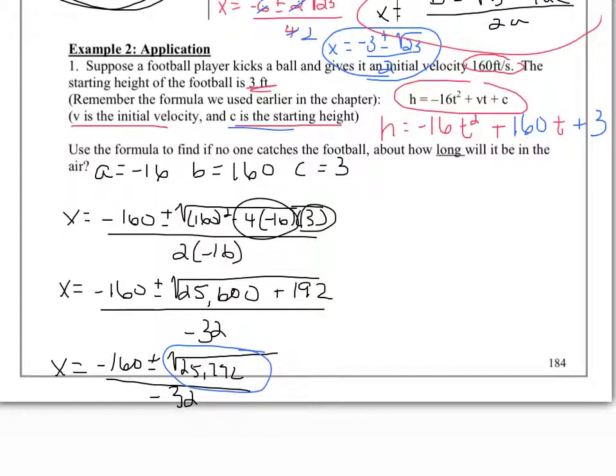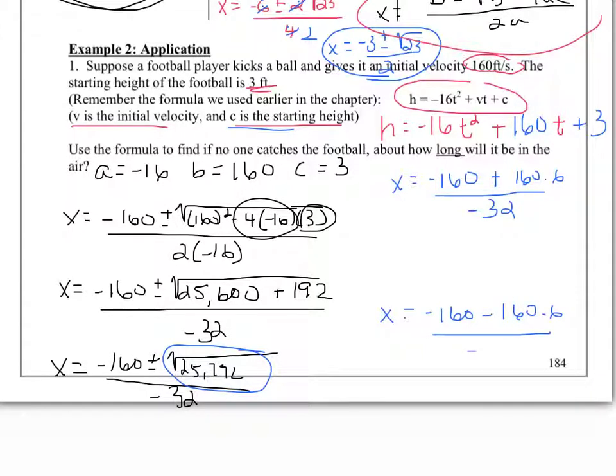Okay, so now I have x is equal to negative 160, and I have two equations here. I have plus 160.6 over negative 32. And then my other equation is going to be negative 160 minus 160.6 over negative 32. Okay, remember, because it could be plus or minus. And then the last step here is to simplify.